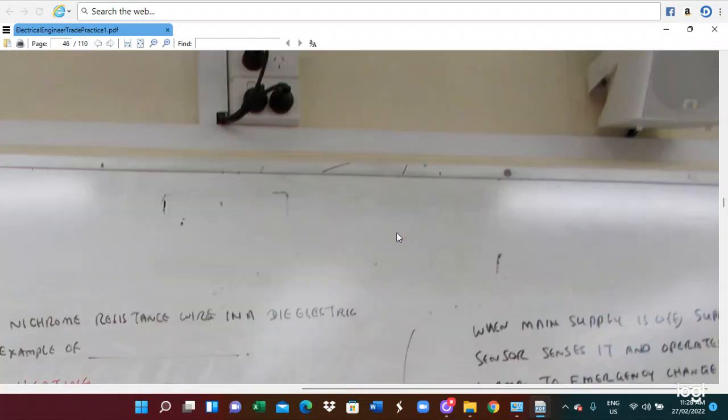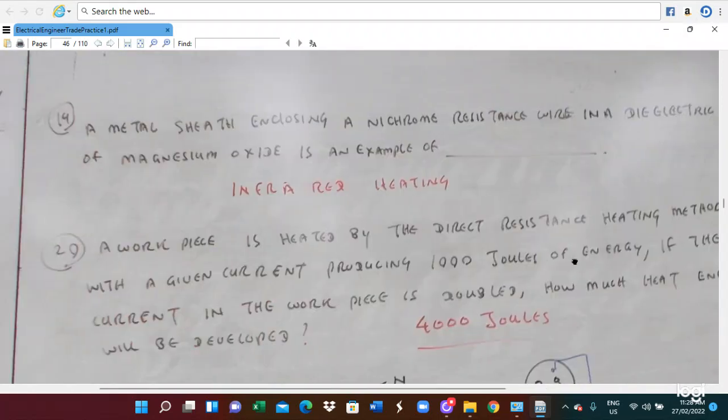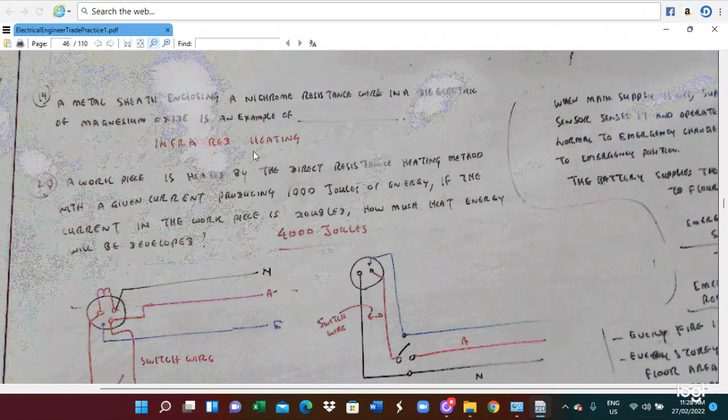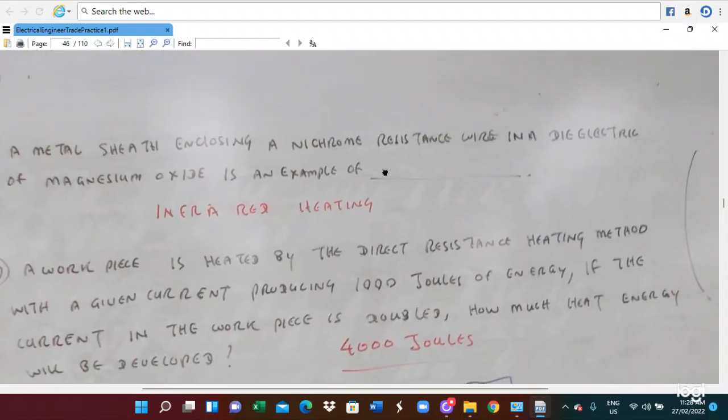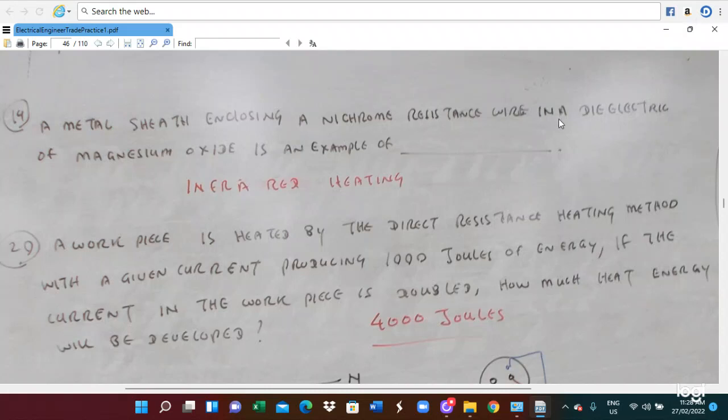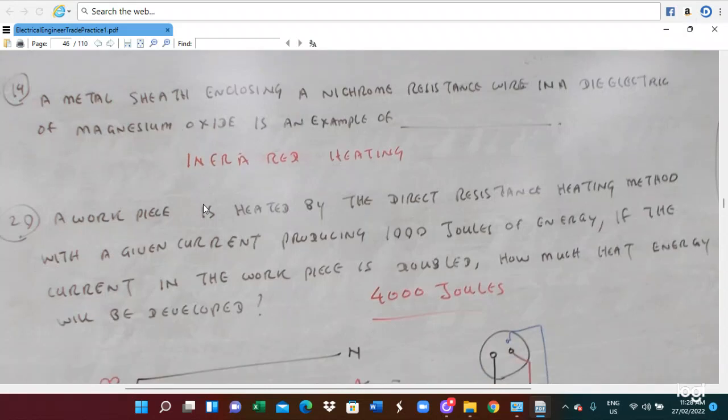This is for the question and answer for the higher trade electrical. A metal sheet enclosing a nickel resistance wire in a dielectric of magnesium oxide is an example of infrared heating.